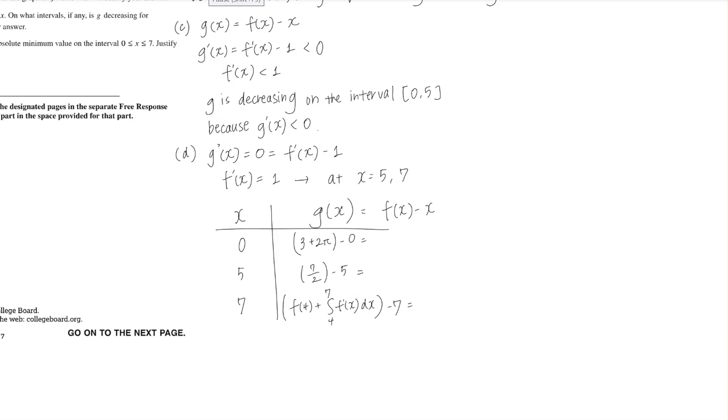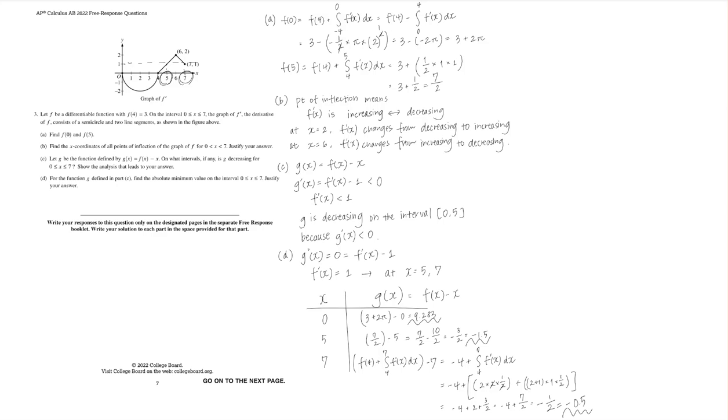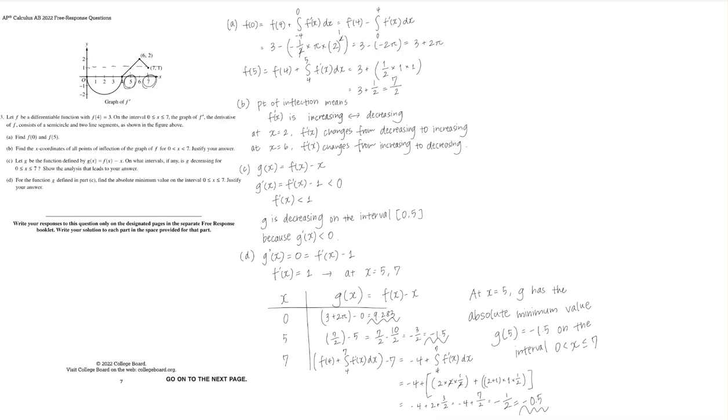Finishing all the calculations, when x equals 0, I got 9.283. When x equals 5 it is negative 1.5, and when x equals 7 it is negative 0.5. So from these three values, I can say that when x equals 5, g has the absolute minimum value because it has the lowest value.